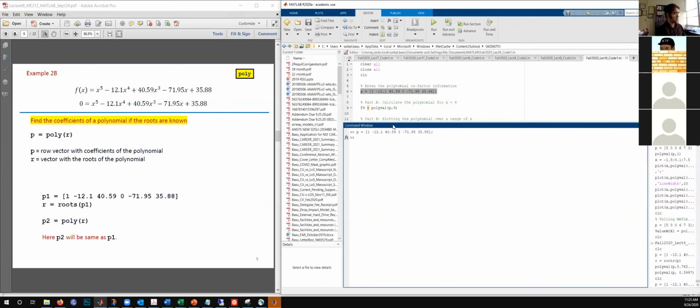And we knew the different roots, so if they are called roots x, you get that with this command, roots and then p.